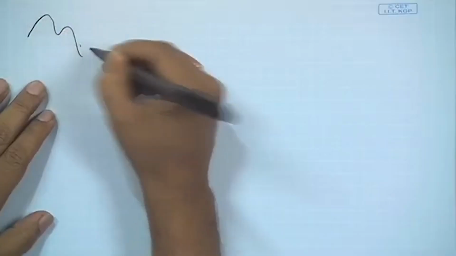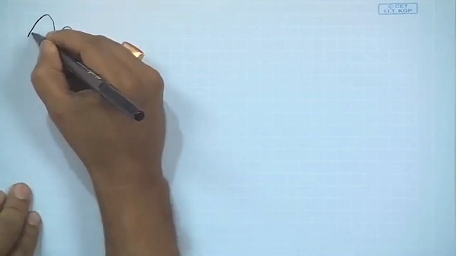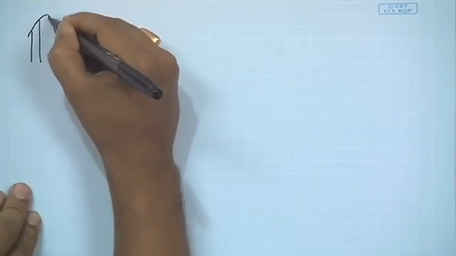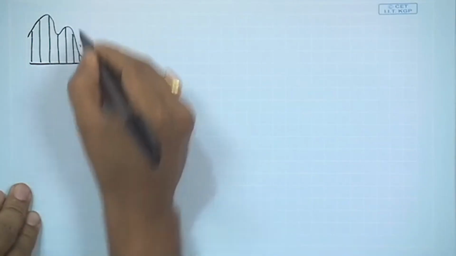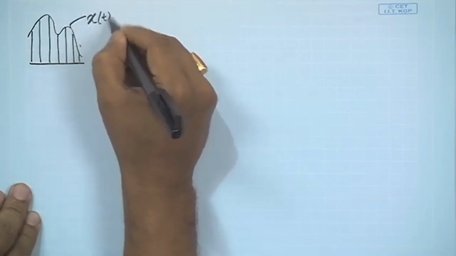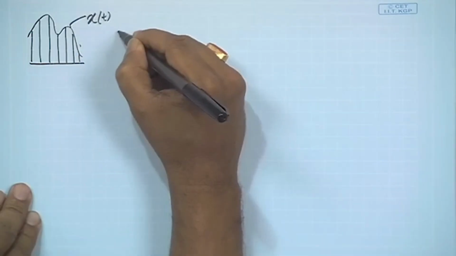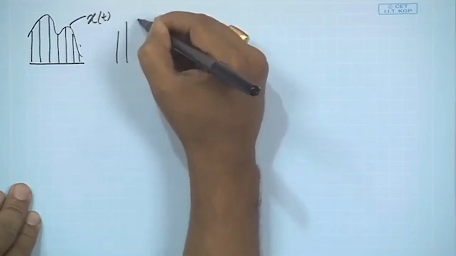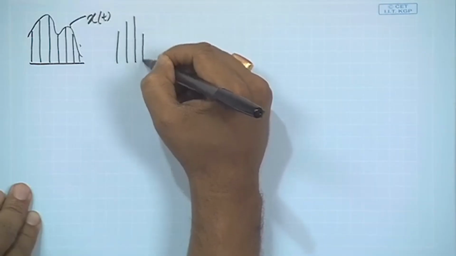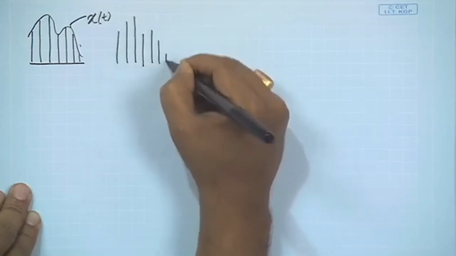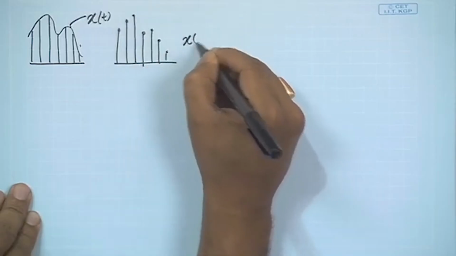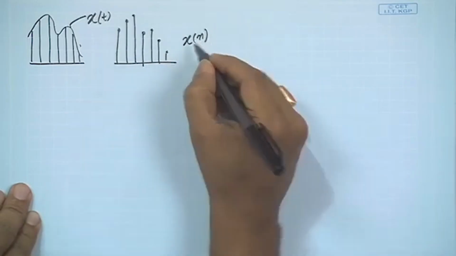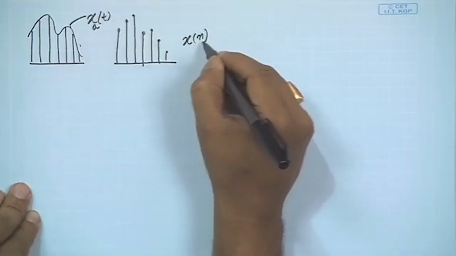So, in summary, what we have seen is if you had an analog signal of this form, you could sample it at certain intervals. That is the first step, that is the sampling. If this is represented by x of t, you represent the samples which come at regular intervals as x of n.